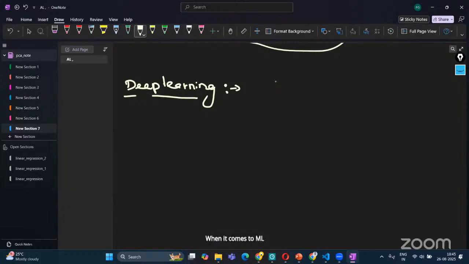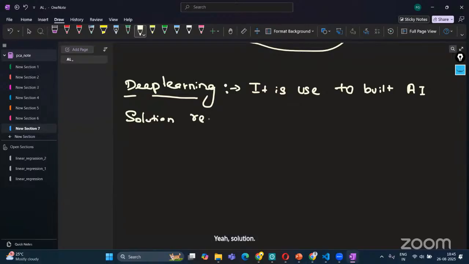When it comes to ML, basic ML models work on structured data, but deep learning is used to build AI solutions related to image, audio, video, or text data. You can write: video, image, audio, or text.